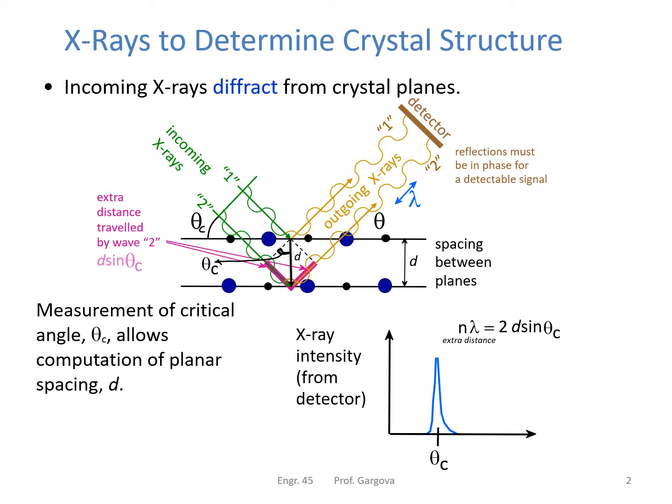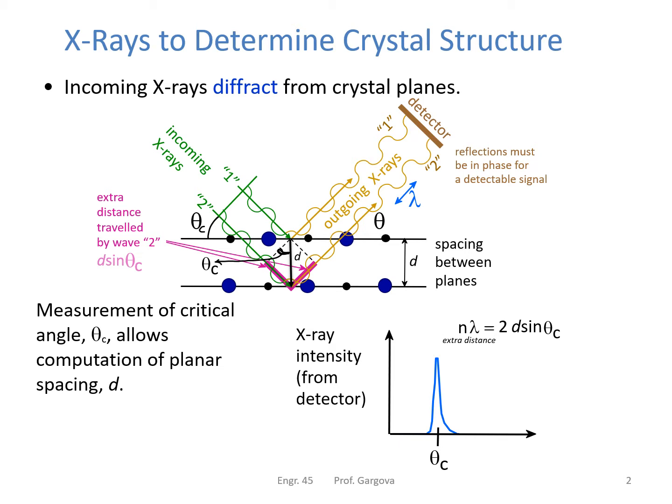But the second incoming X-ray, which is denoted as X-ray 2, has to go an extra distance, which is highlighted in pink. We see that black dash line that shows the two incoming X-rays being the same length.